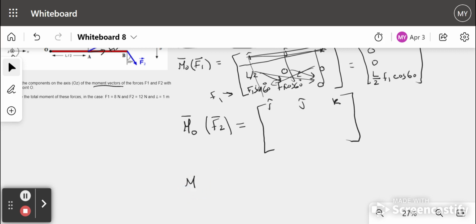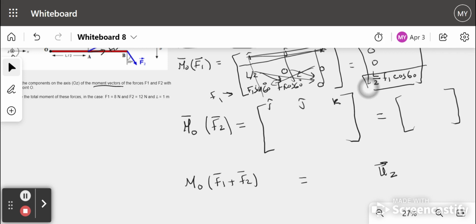Anyway, for sure you will also have moment at point O for the total moment, which is F1 plus F2. And so you got this answer and you will get another answer over here. So you can sum these two results together and you will get the total moment of F1 and F2. And don't forget that it will be in the z direction, as you see here, this is the z direction, right?